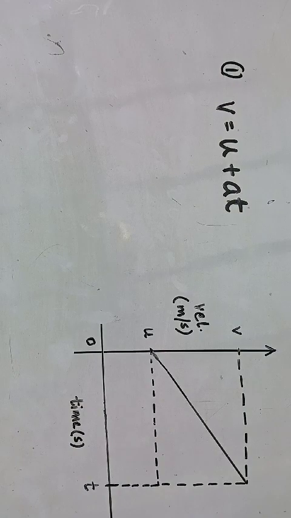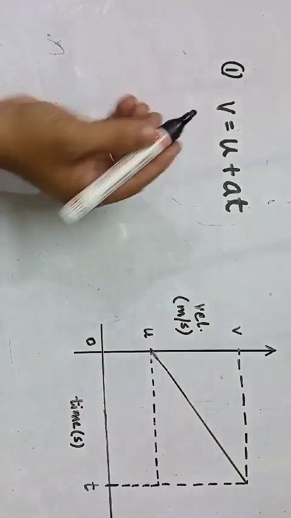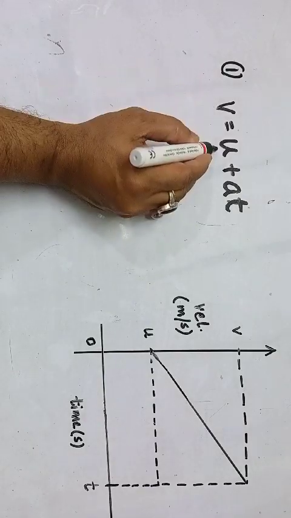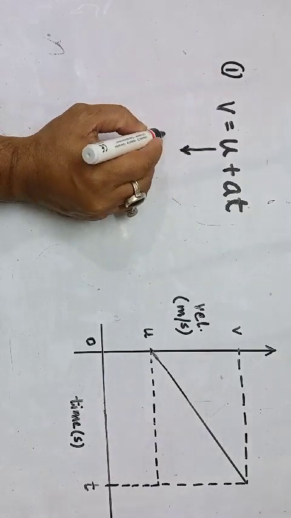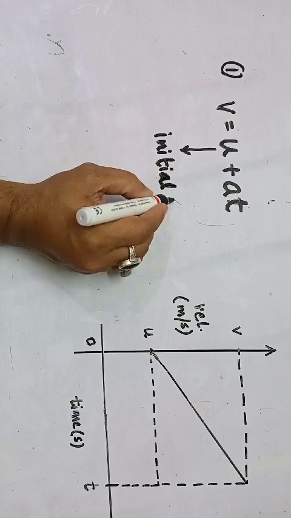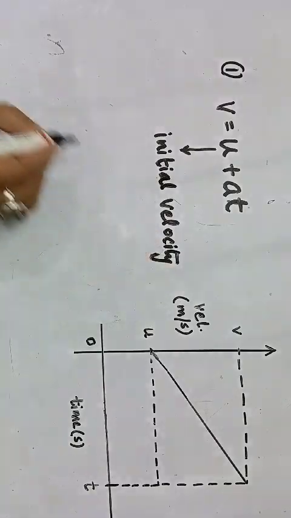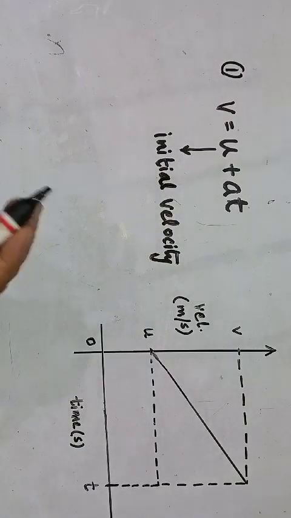Now I will be telling you about what all these things are. When we say u, we mean initial velocity, the velocity at the beginning of the journey.